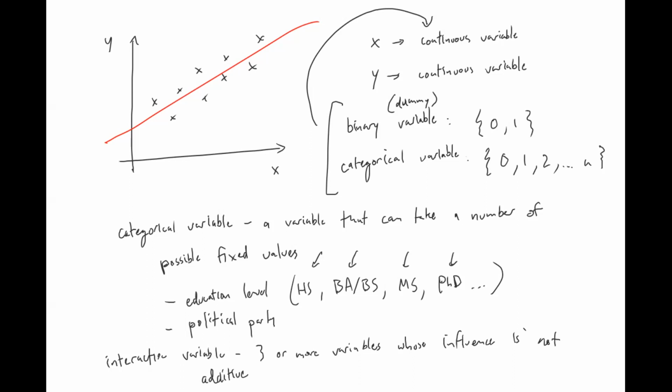Probably the best way of getting a handle on exactly what these variables are doing is simply to look at an example. And we can do that in R. So give me a quick moment to switch on over.